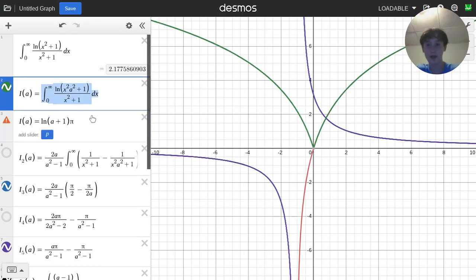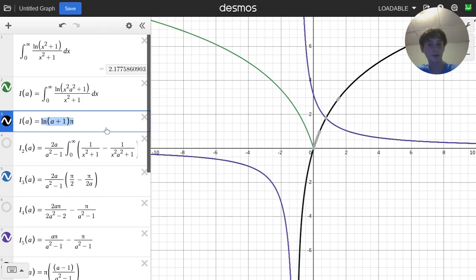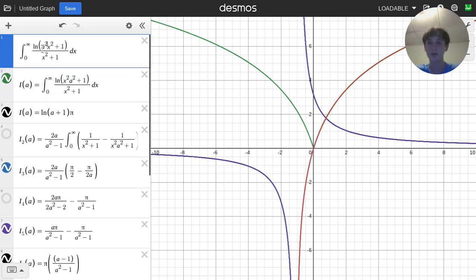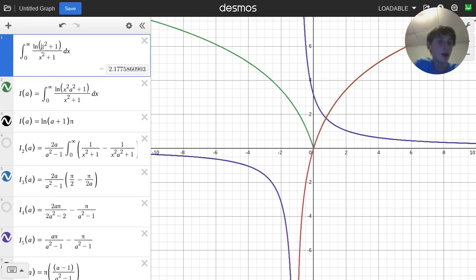This can become this, strictly for positive a, because it doesn't work for the negative one of this type. But we don't need it to, because we're only looking for a equals 1 for this one. We're just plugging in a there. So we were never going to go for a negative number, so that's fine.